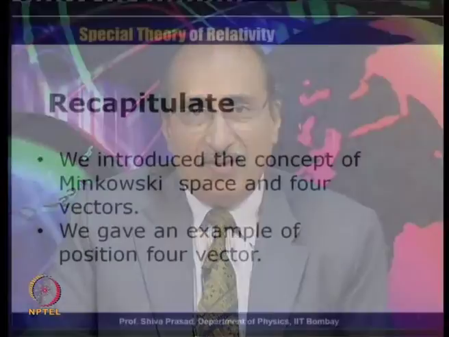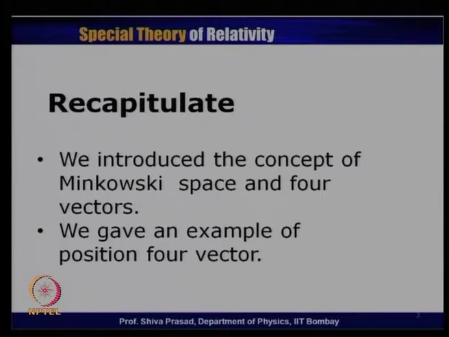So, let us start with recapitulating what we had done in our last lecture. We introduced a sort of abstract concept of a 4 vector, what we call Minkowski space. We discussed how we can represent a standard traditional vector with which we are reasonably familiar in terms of its components along a set of axes.